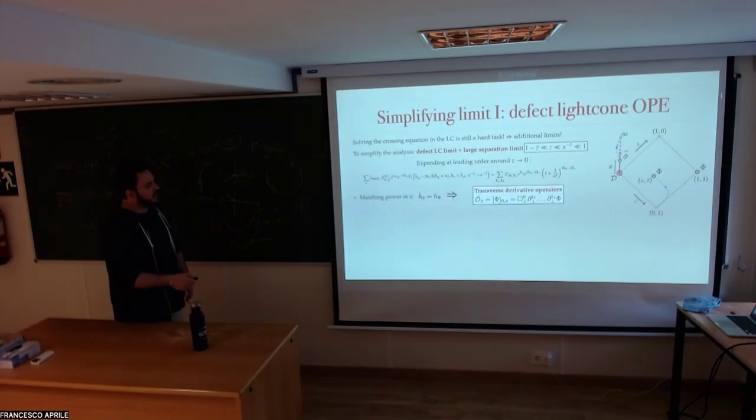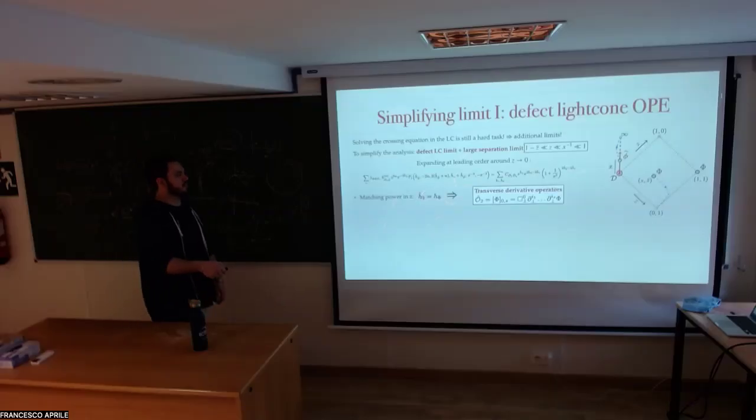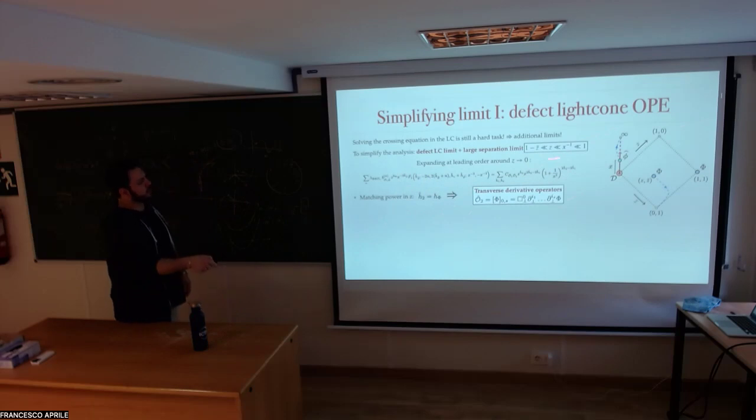And the idea is that at leading order in the defect light-cone limit, the crossing equation simplifies a lot, because the original Lauricella function simplifies to just a hypergeometric function, or even more, since this is a negative integer parameter, this is just a finite sum of some hypergeometric functions. While for the defect channel, this is a very simple result. And by matching in both sides the power in Z, we can already fix the spectrum of the defect exchanged operator, at least of one of the two defect exchanged operators.